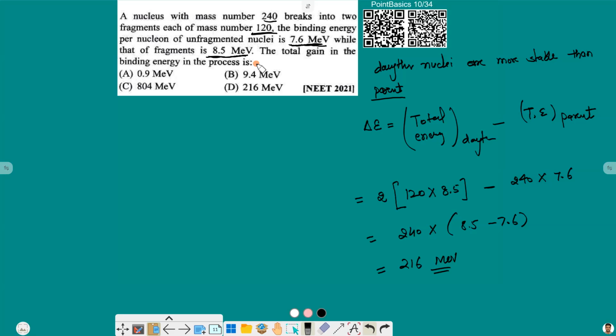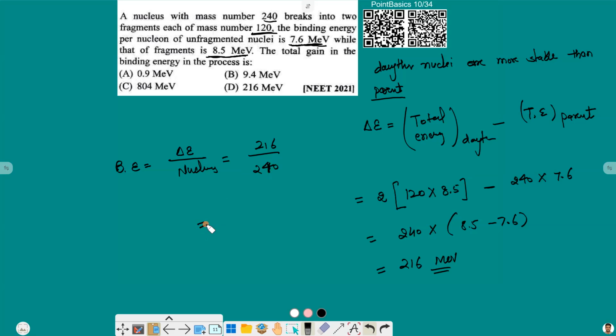Now, total gain in binding energy. So what is binding energy? Binding energy per nucleon is basically delta E divided by the total number of nucleons. So we have gained total energy of 216 divided by the total number of nucleons, which is 240, it's actually 2 into 120.